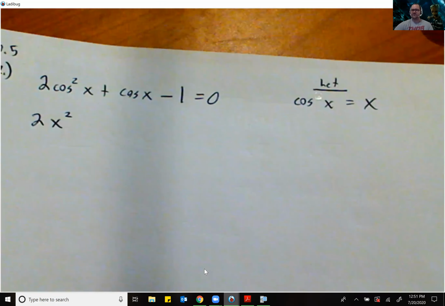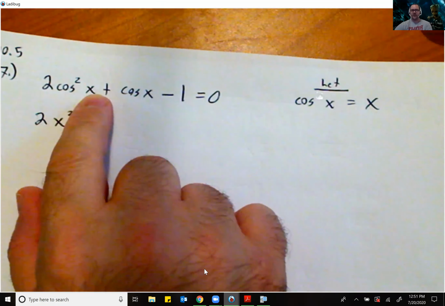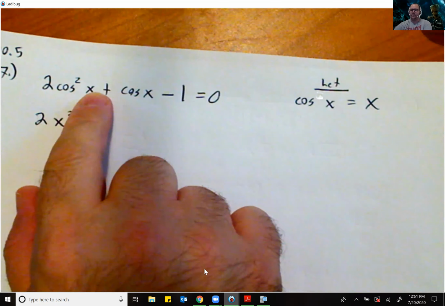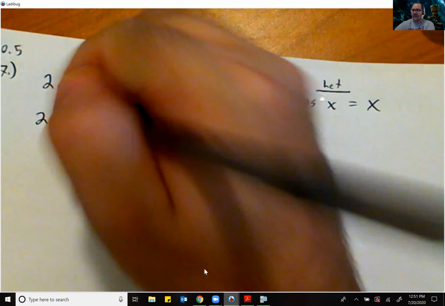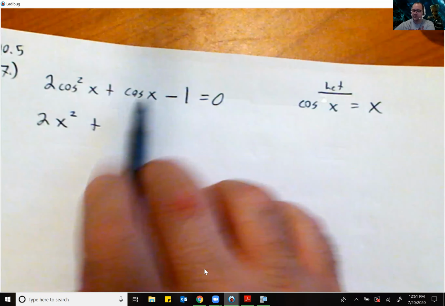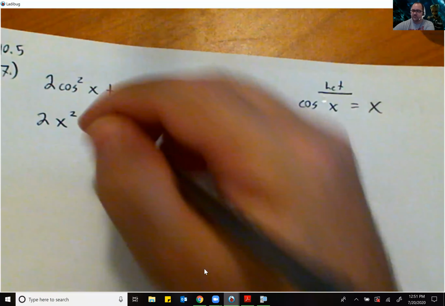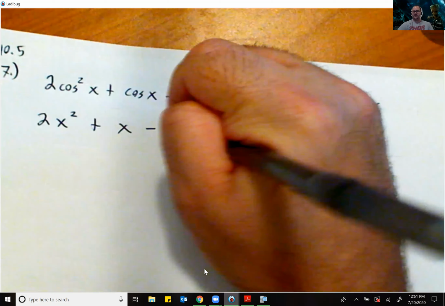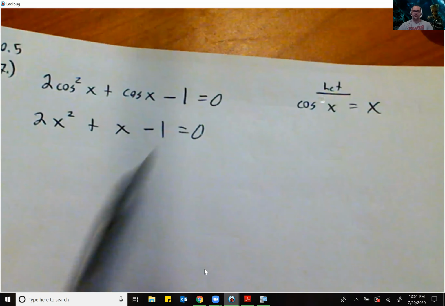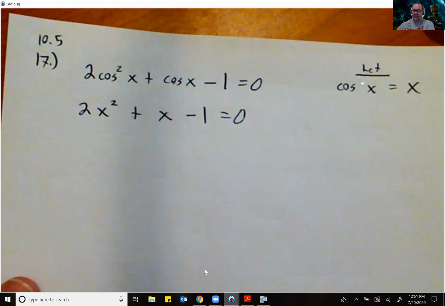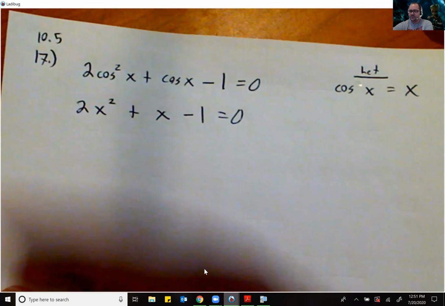So if I let x represent cosine, I've got cosine squared here, which means it's x squared, plus cosine x is really just x, and then minus 1. See, it's just a quadratic to factor. No harm, no foul. And so it does factor nice and easy.